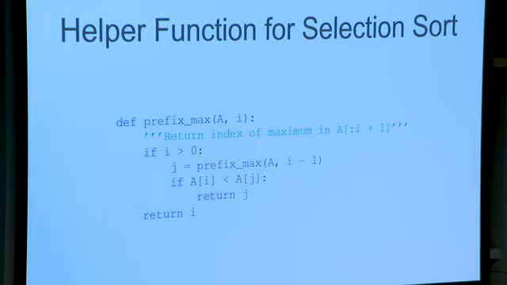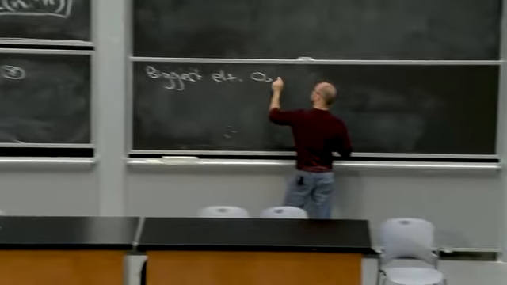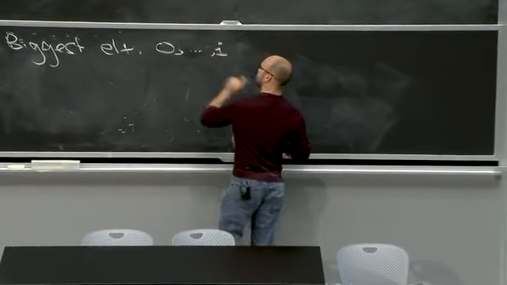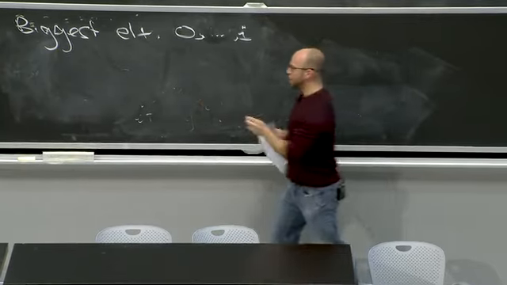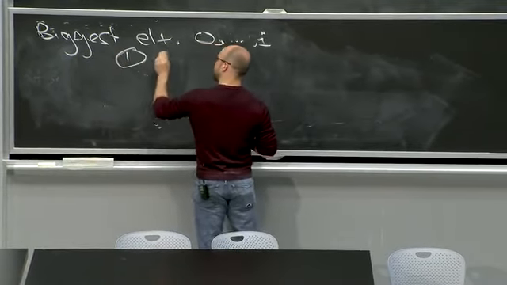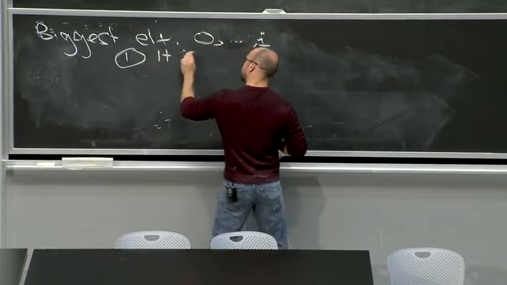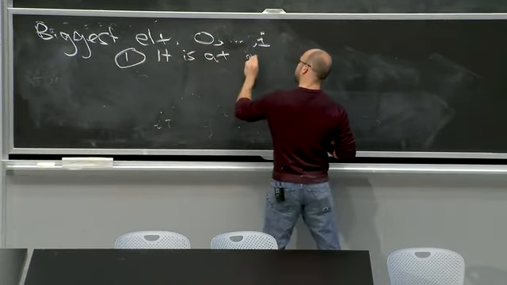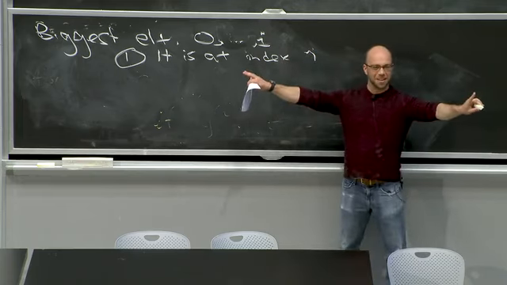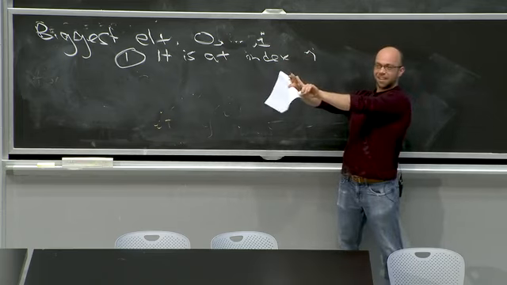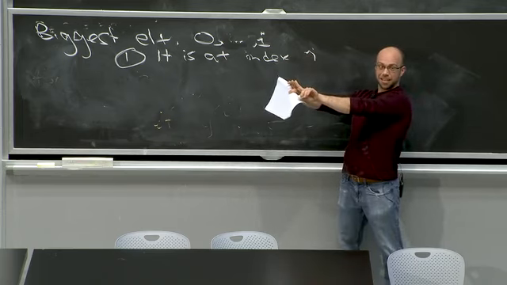Well, here's an interesting observation, really a deep one, which is that for the biggest element from 0 to I, there's sort of 2 cases, right? Either it's at index I, meaning like I have the first 10 elements of my array, either it is element number 10, or what's the other case?